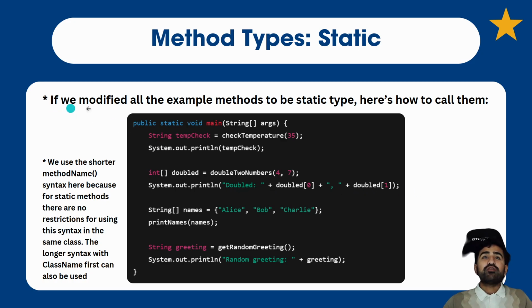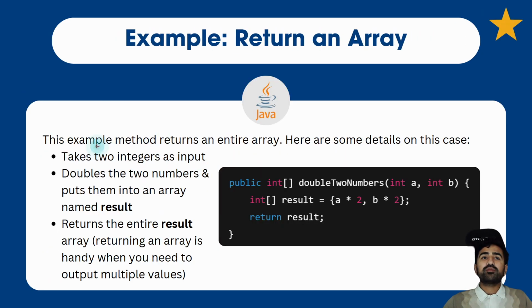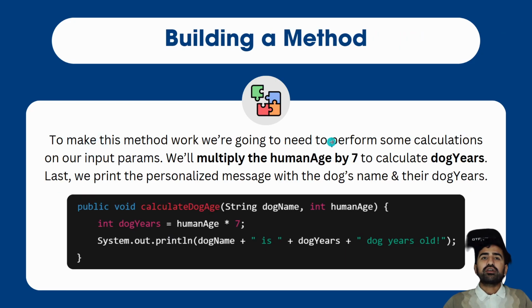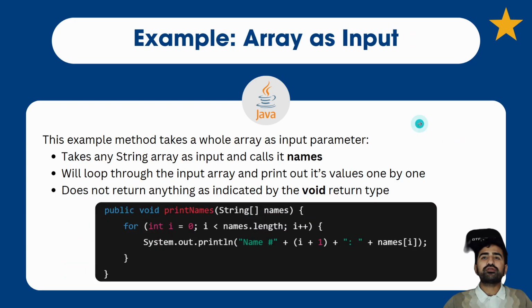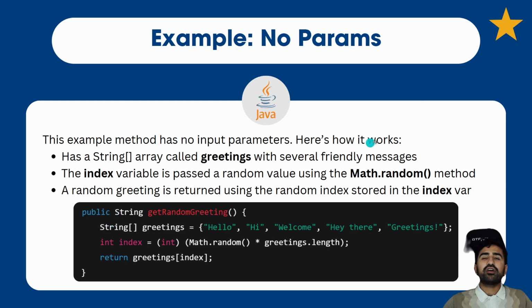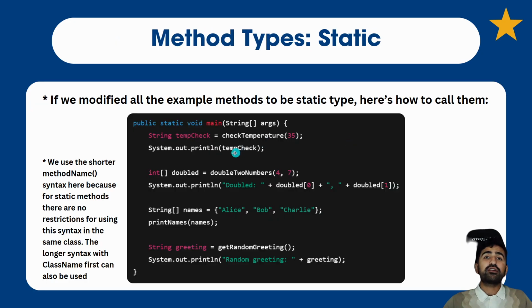So if we modified all the example methods to be static, let's say we went back to all these methods, we didn't do calculateDogAge, we do checkTemperature, doubleTwoNumbers. If we threw a static in those method declarations on all of them, then calling them looks a little different. Because we're in the same class, we're allowed to use the shorter method name. So notice we just say checkTemperature.